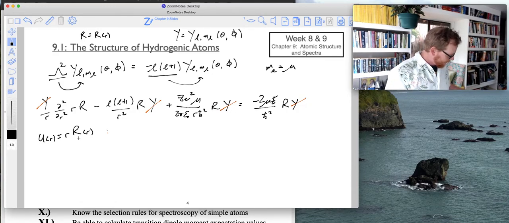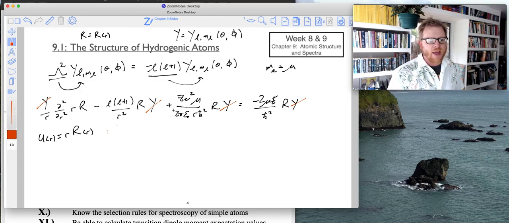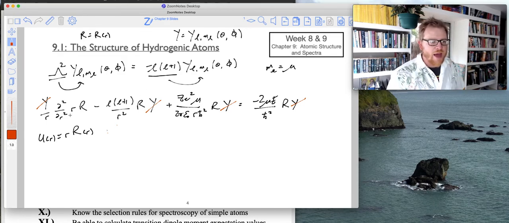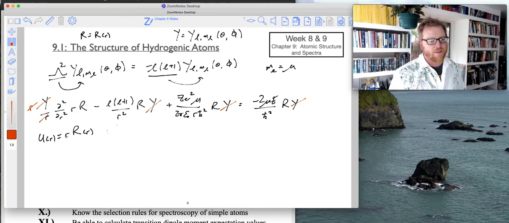Oh, and I did one last algebra step that I forgot to do, so let's do that. We eliminated Y, and because we've got this 1 over r here, we're going to multiply both sides of the equation by r. When I do that, that cancels that r and that r.